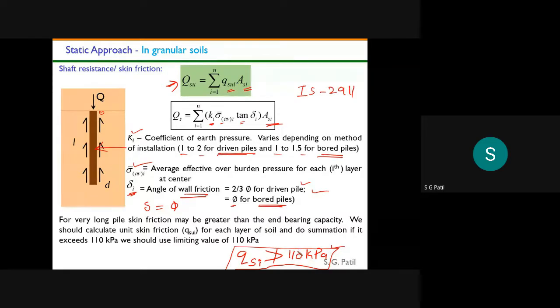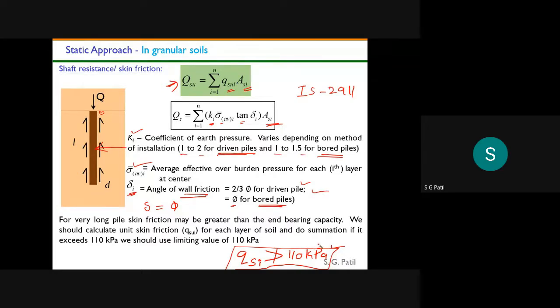Usually some people will follow this limiting value and some people will not, because they will say that whatever the shaft resistance from the pile, they will take the full value. Even if they are getting more than 110 kPa, some researchers suggest that also. So you take whatever value you get. Don't restrict your shaft resistance to 110 kPa.